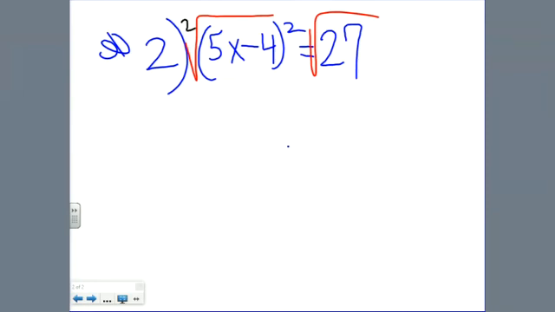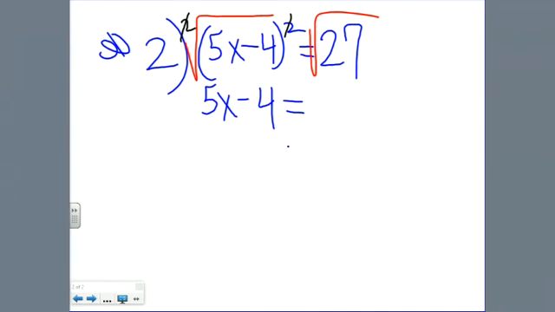On the left-hand side, the root 2 cancels with the exponent 2, and we're just left with 5x minus 4. Now, 27 is not a perfect square, but one of its factors is.